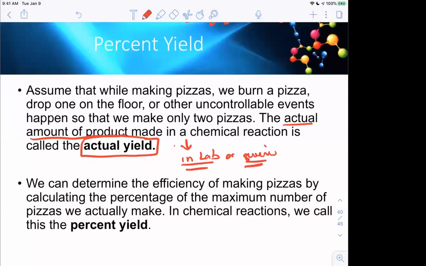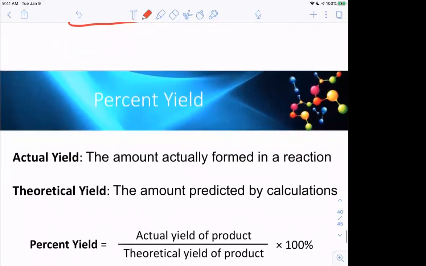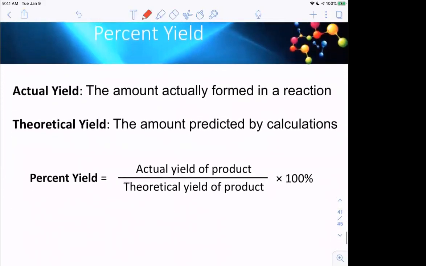I can determine the efficiency of my process by calculating the percentage of the maximum number of moles or grams of my product I can actually make. So in chemical reactions, this is called the percent yield. So some more terms. The actual yield is the amount that is actually formed in the reaction.